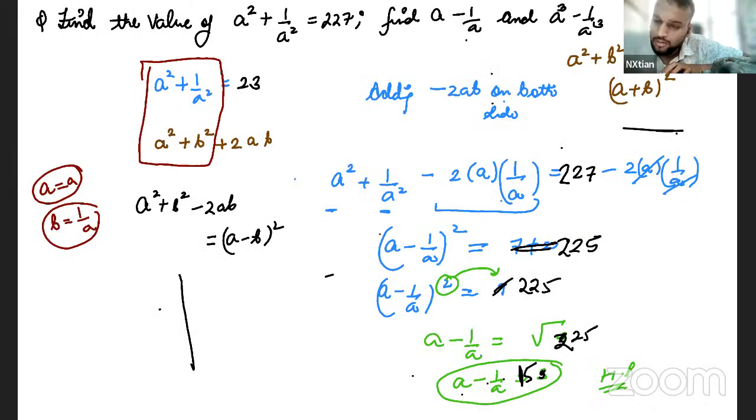Any problem in this, guys? Now the next topic is very easy. That's why I'm doing it. We did it many times. On the previous one, can you do the a cube minus 1 upon a cube thing? So I got the value of a minus 1 upon a, the answer is 15.